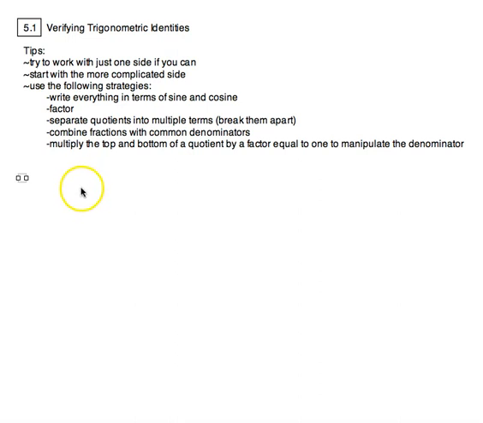Now, some of them you should already know, like the reciprocal identities, quotient identities, and at least the first Pythagorean identity. In this section, we are only working with the identities in the top section of the sheet that you received.